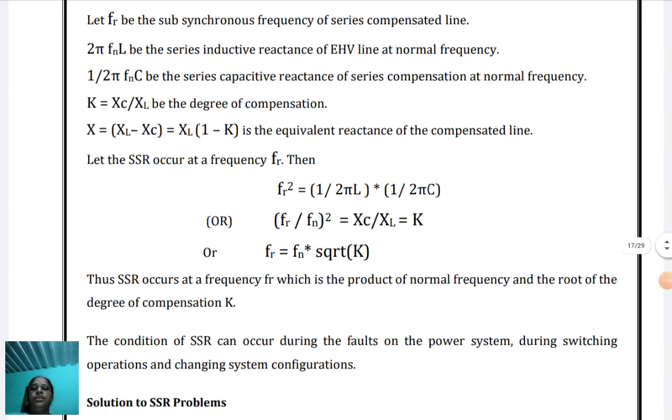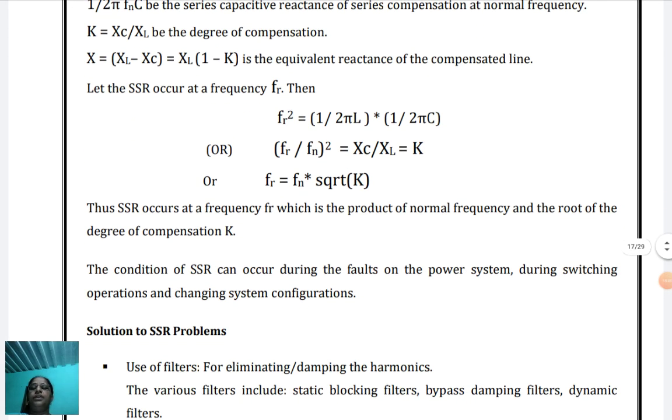Now we can calculate the frequency Fr. Fr is the frequency that occurs at sub-synchronous resonance, equal to Fn times the square root of K only. Where K is nothing but the degree of compensation.